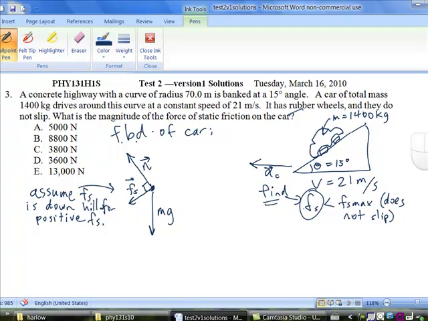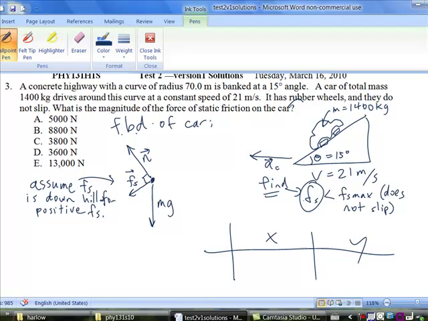Okay, so now I want to do this trusty table of x and y components and sum up my forces and look at the net force. Now, the point of this is that it's accelerating towards the left, and so the net force is towards the left here, towards the center of circular motion.